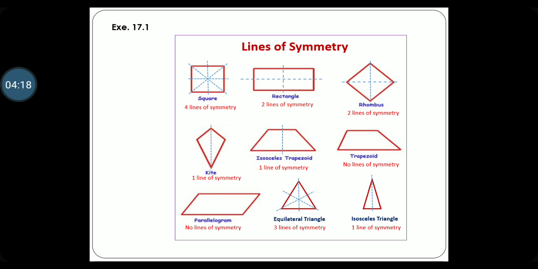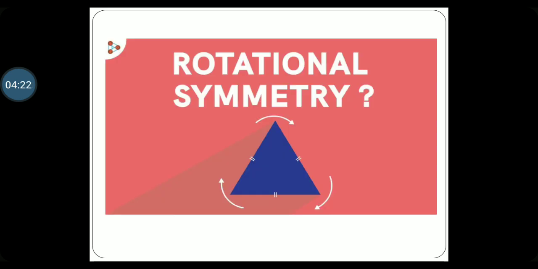Then we go to the next activity, which is on page 94, exercise 17.2. For this activity, you need to understand what rotational symmetry is. A shape has rotational symmetry if it can be rotated so that it looks exactly like the original shape at least once before completing a full turn.